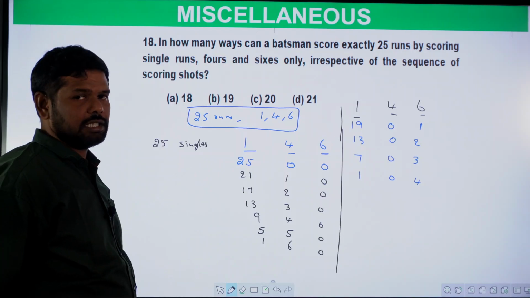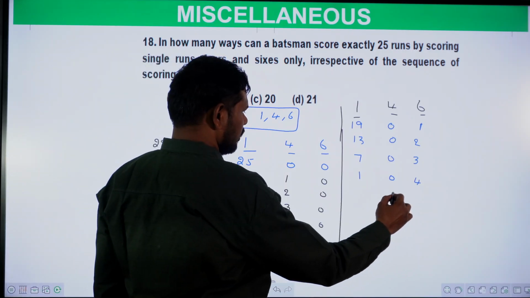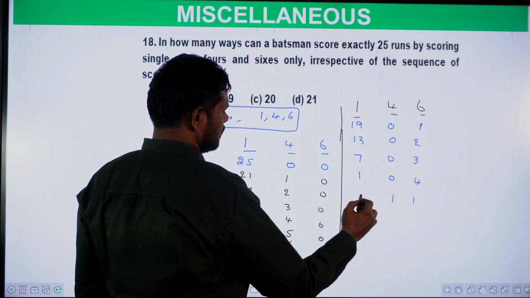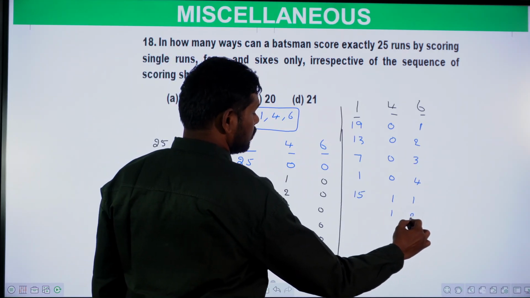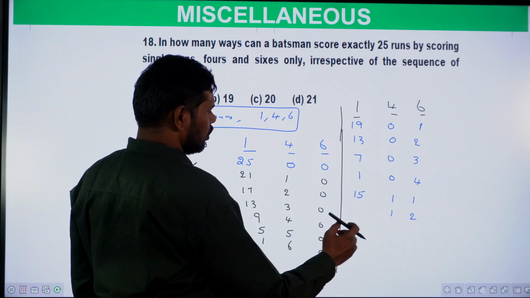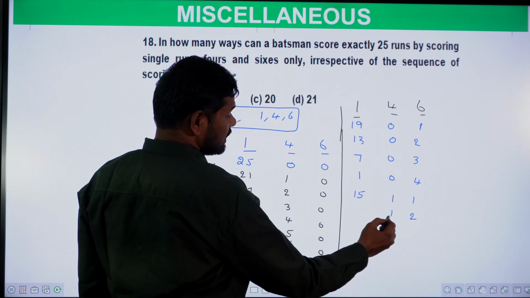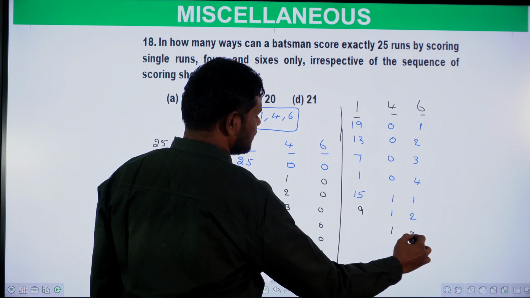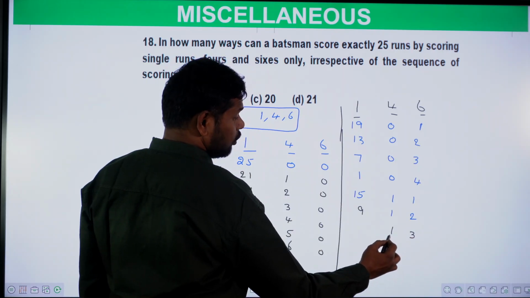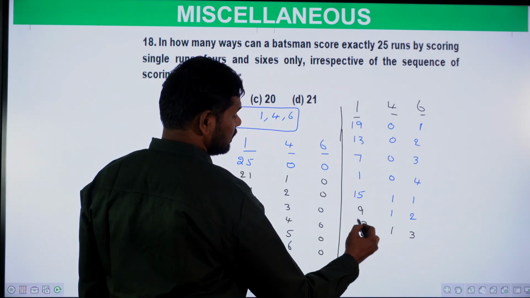Now combined. Suppose one 4 and one 6, then 10 is over, so 15 singles. One 4 and two sixes: 12 plus 4 is 16, so 9 singles. One 4 and three sixes: 4 plus 18 is 22, remaining 3.